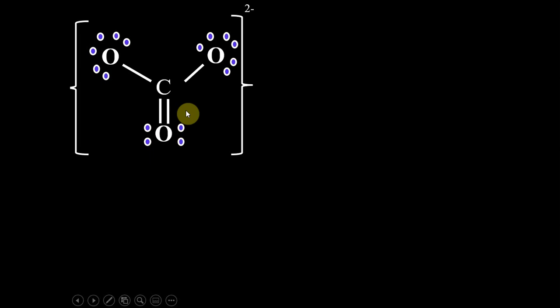Turns out if you do an X-ray crystallography on this carbonate ion, you find that the X-ray crystallography shows us that it's in fact a symmetrical molecular conformation, which means that all the bond lengths are exactly the same.